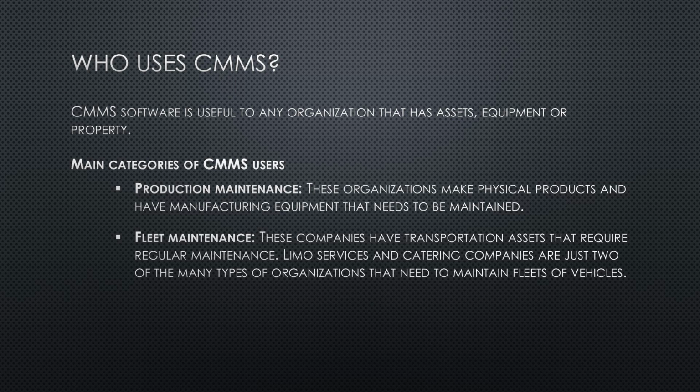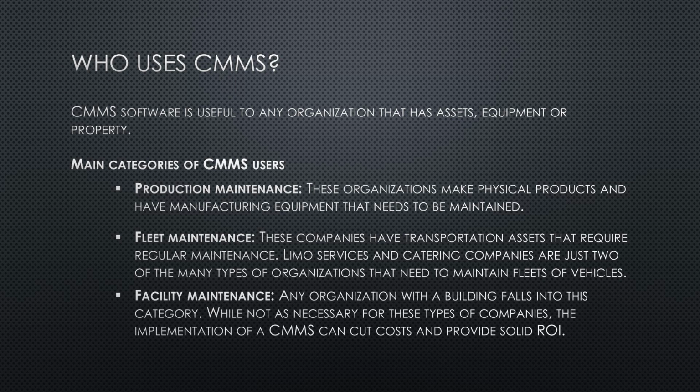Secondly, fleet maintenance companies such as FedEx, UPS, the United Parcel Service, and so on. These companies have transport assets that require regular maintenance, of course, as do limo services and catering companies. So you can keep track of the mileage on these vehicles, and also when the maintenance has occurred on these vehicles, since they're used quite frequently.